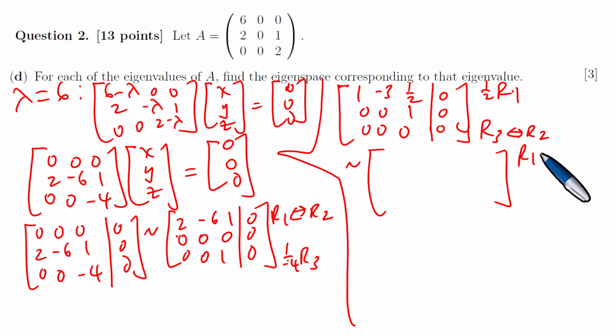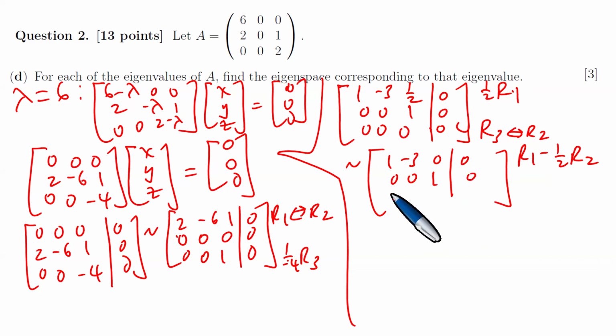We have row 1 minus 1/2 row 2. So 1 minus that, 0, 0, 0, 0, 1, 0, 0, 0, 0, 0.